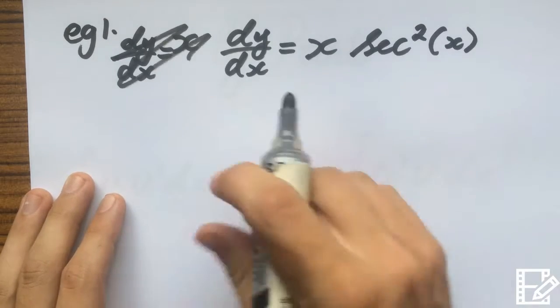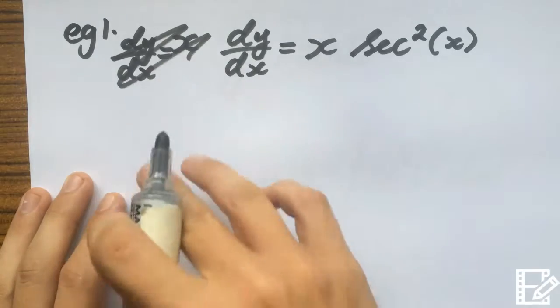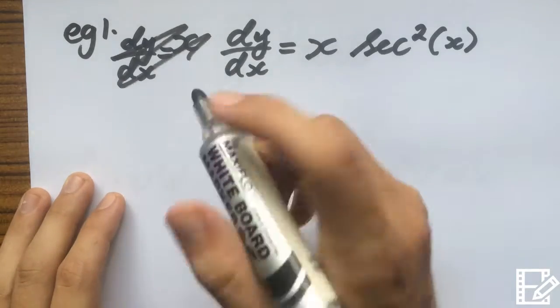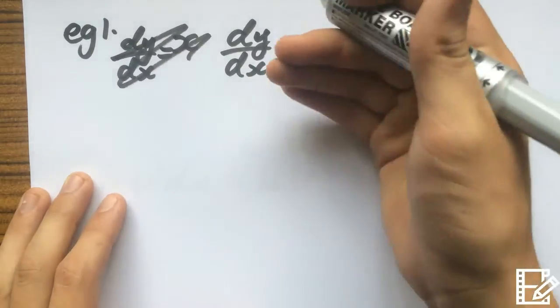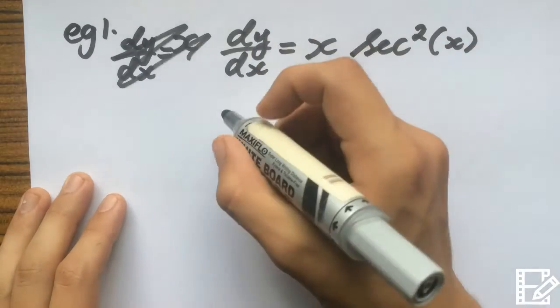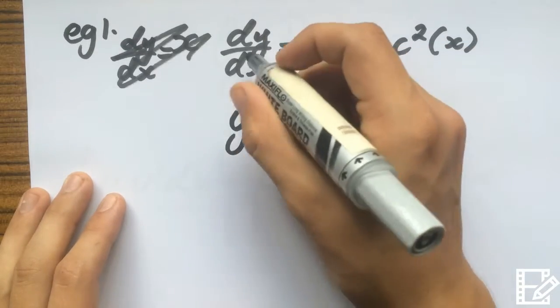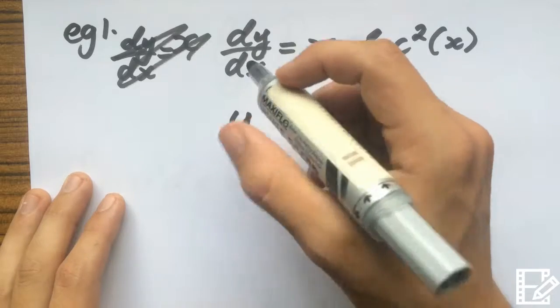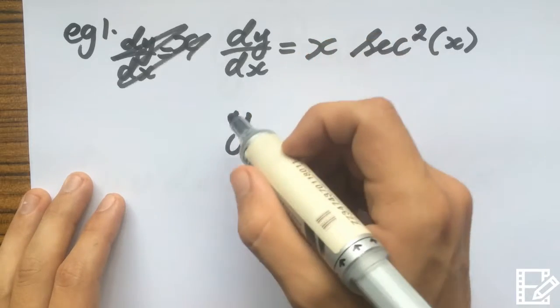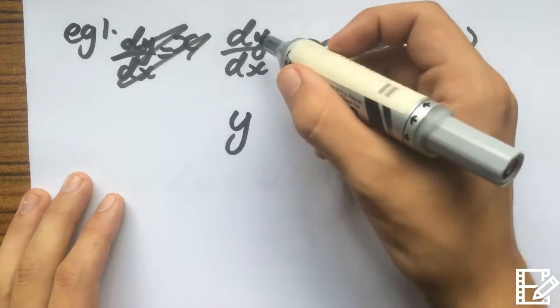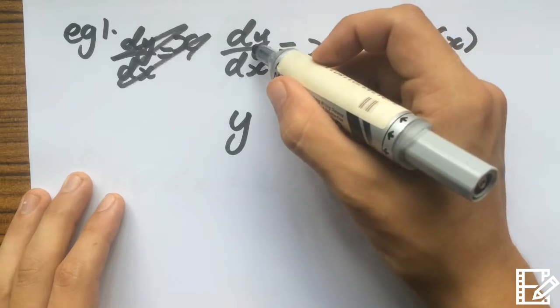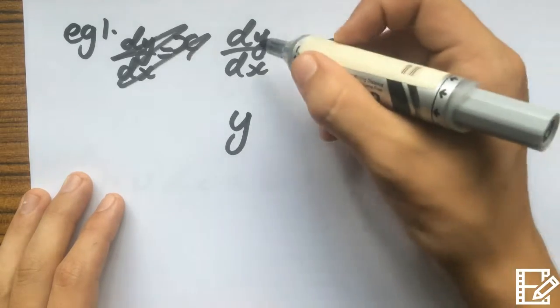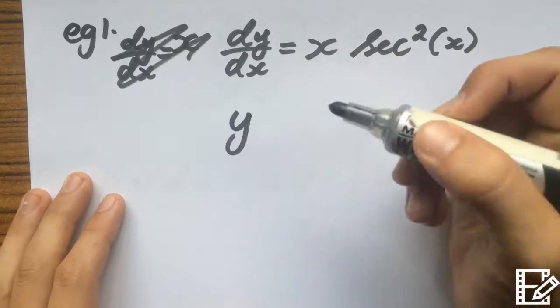Okay, so the reason I put this here is because when you're using Leibniz's notation, let's say I find the antiderivative or the integral, it turns to y, because this is a derivative and this is the original, so I'm reversing it. I'm going from the derivative back to the original. I'm anti-differentiating it.